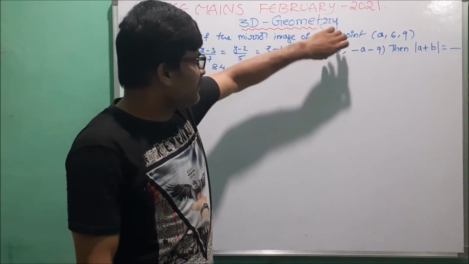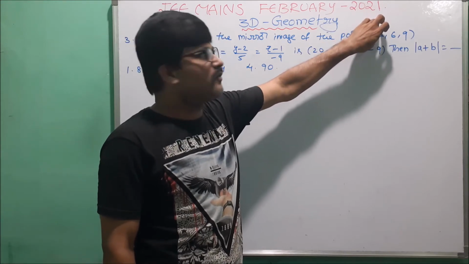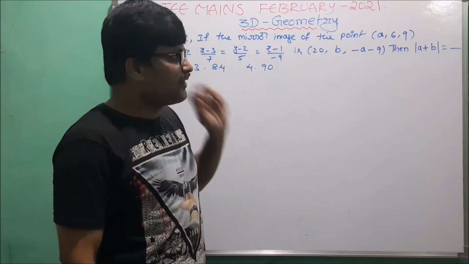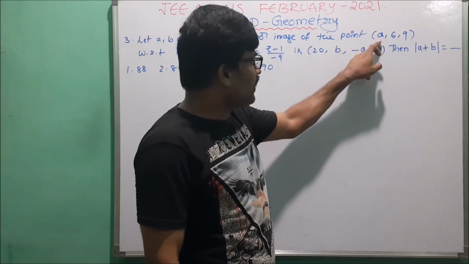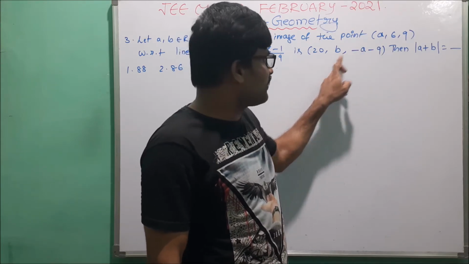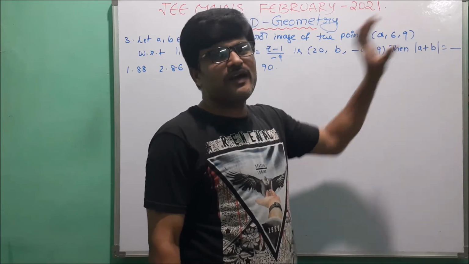Here this is the image of the point with respect to the given line. In these two points, the x coordinate is a and the y coordinate is b. Now to find the values of a and b and substitute in the modulus, then we get the answer.